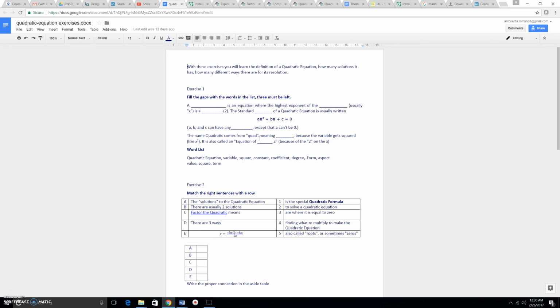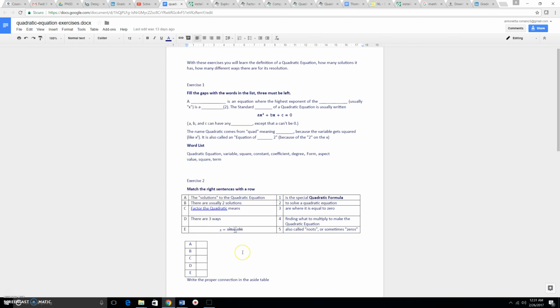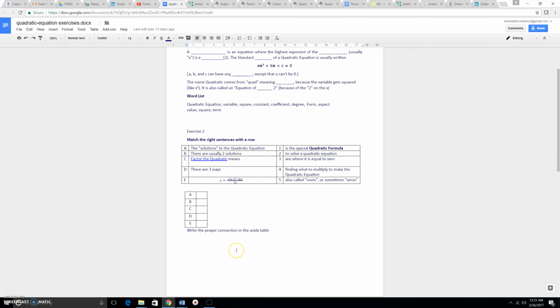The second exercise is matching the right sentences. They have to link the sentence in the first column with the ones in the second one and write down in the table the proper linking. At the end of exercise 2, they have again the definition and something explaining what the quadratic formula is.